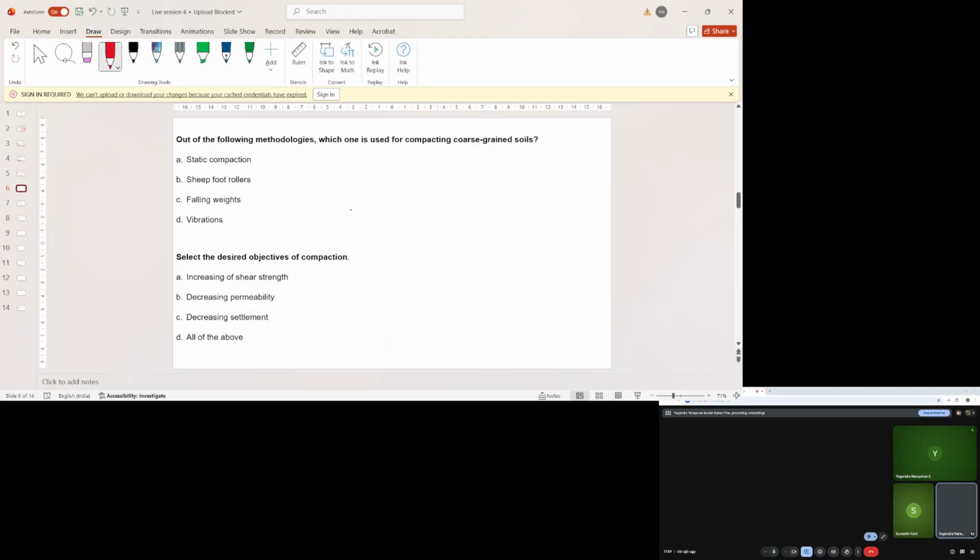Coming to the next question. Out of the following methodologies, which one is used for compacting coarse grain soil? You are working in highways, so you must be well versed with this compaction. Which is more suitable for coarse grain soils?